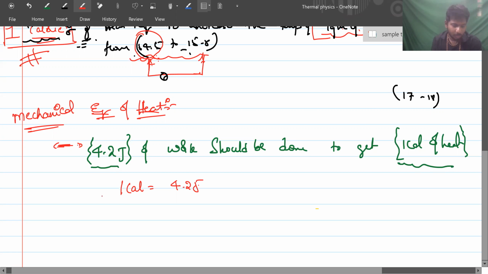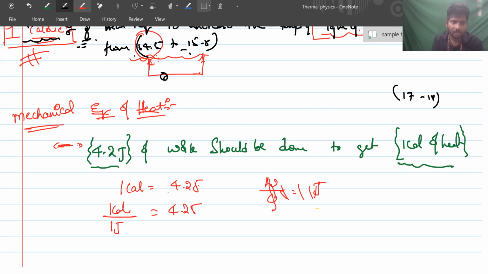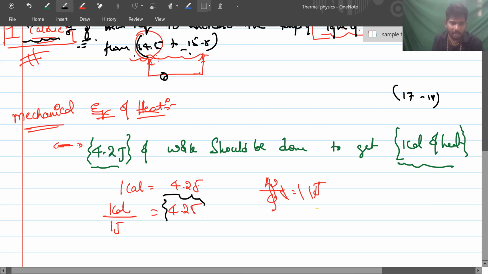This W by Q, 1 joule by 1 calorie, 4.2, is called the mechanical equivalent.